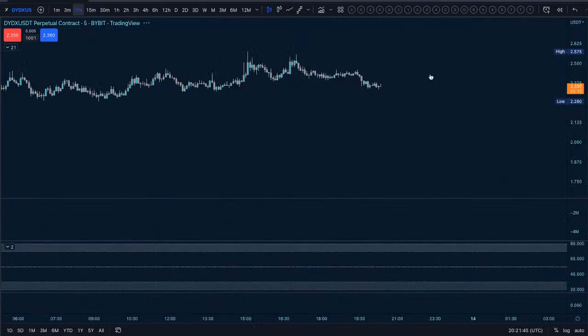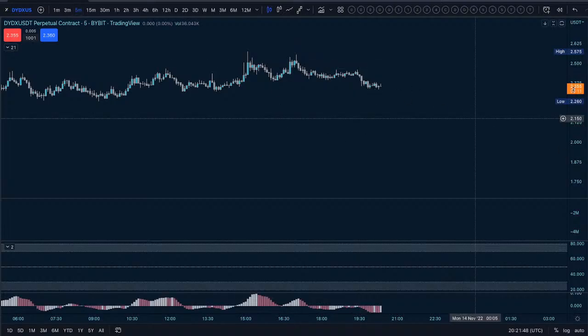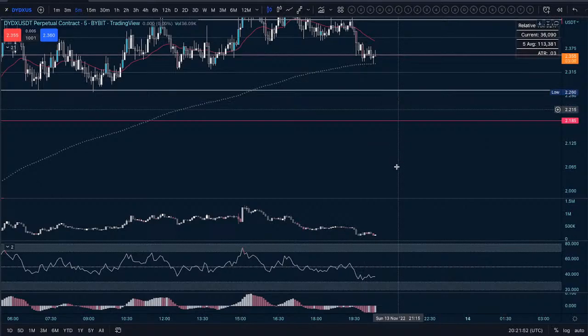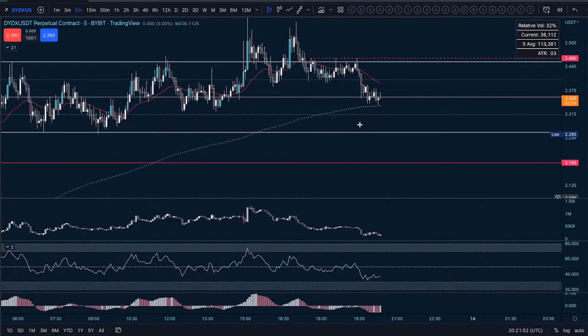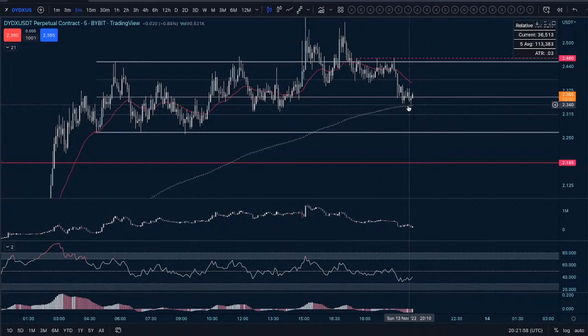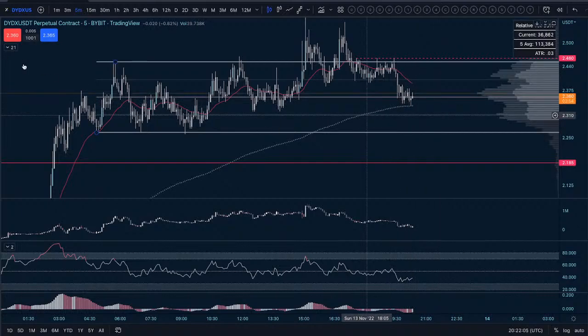There's no point trying to take this trade, really, because there's no support here. The only thing I have is this 5 minute 200, and that's not good enough reason to take a position.